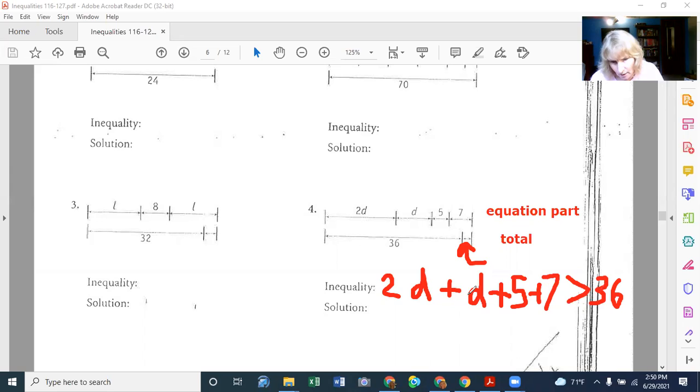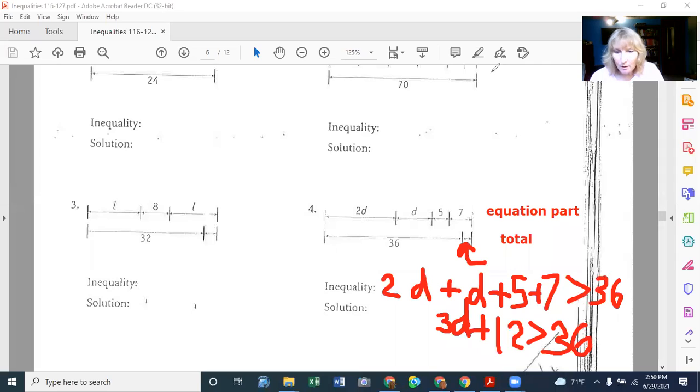So 2D and 1D is 3D, and then we would combine our 5 plus our 7, which is 12. So 3D plus 12 is greater than 36. And then we would solve the solution by getting D by itself.